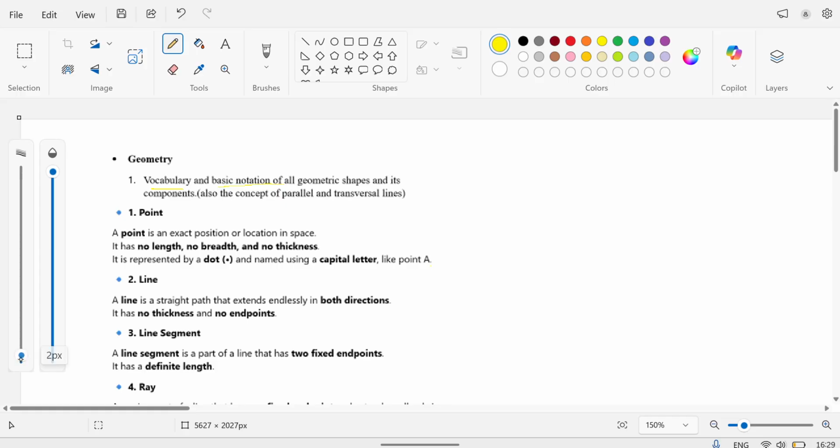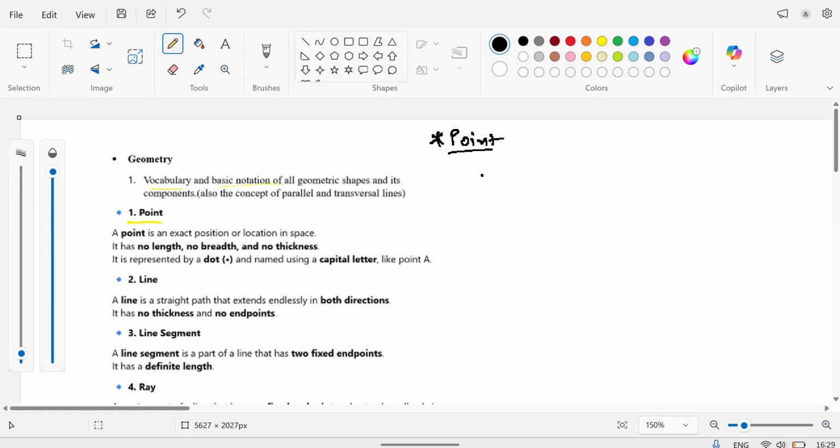The first thing is the point. A point is basically the geometric shape which is created by the tip of a pen or pencil, and it's denoted by a dot representing it on the 2D paper.